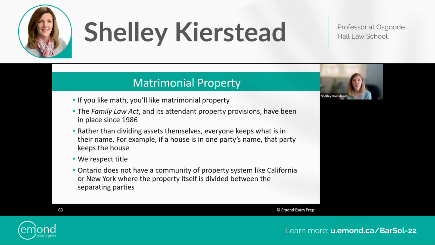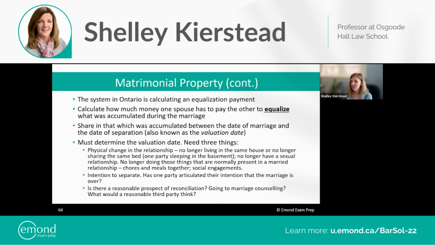And we basically do a calculation that says the lower net family property value is deducted from the higher value, and then we divide that balance by half in order to equalize properties. That will make a little more sense as we go through the materials.